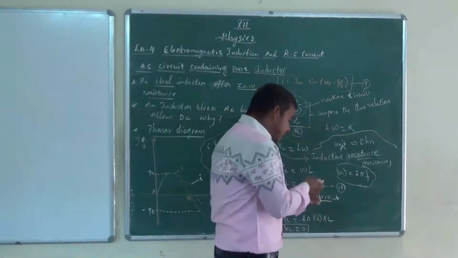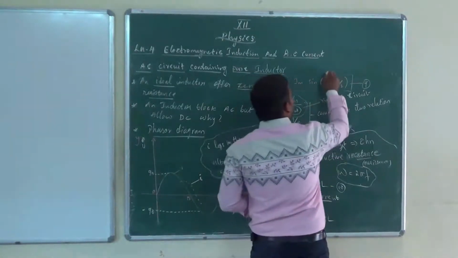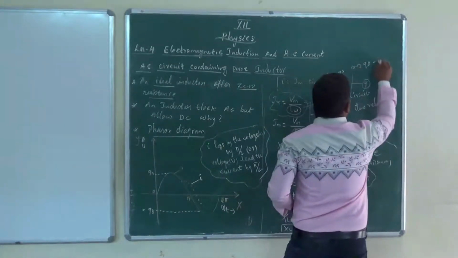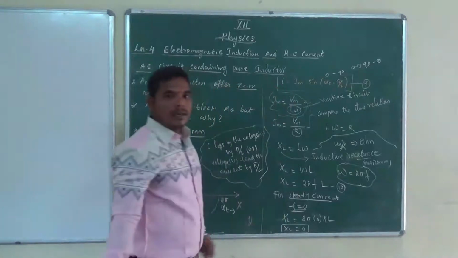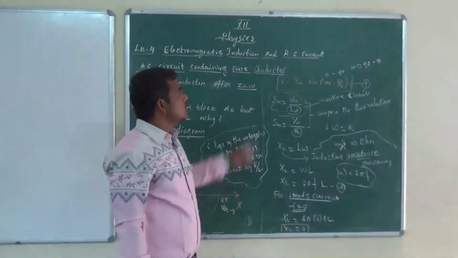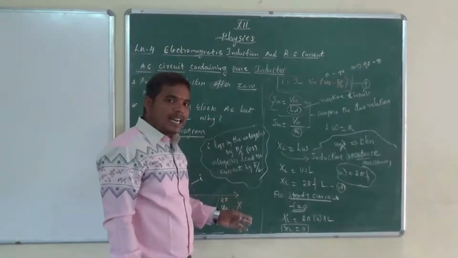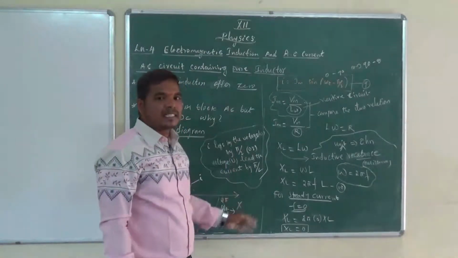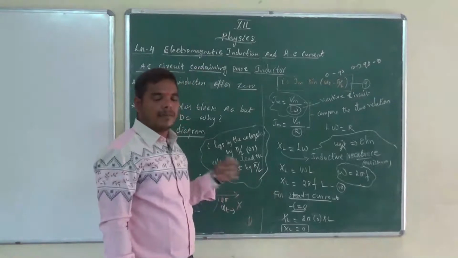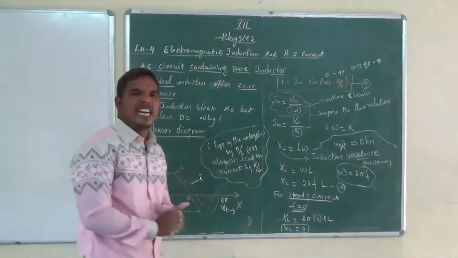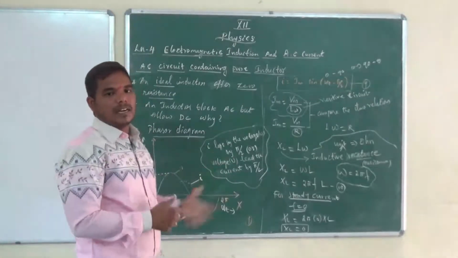Here omega t is nothing but theta minus 90. So omega t minus pi by 2. Lags means minus, leads means plus. We will see how voltage and current lead in our next question.